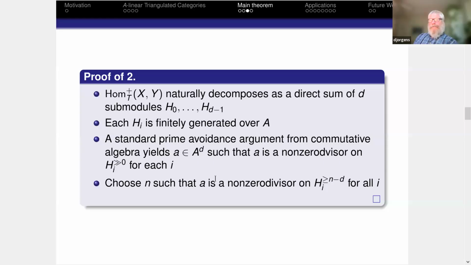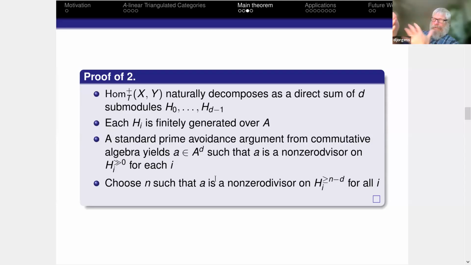Actually, you can assume it's a degree d element, a, that's a non-zero divisor on each of those submodules for sufficiently high degree. Okay. And so in this case, you have this non-zero divisor on the tails of all these d submodules.